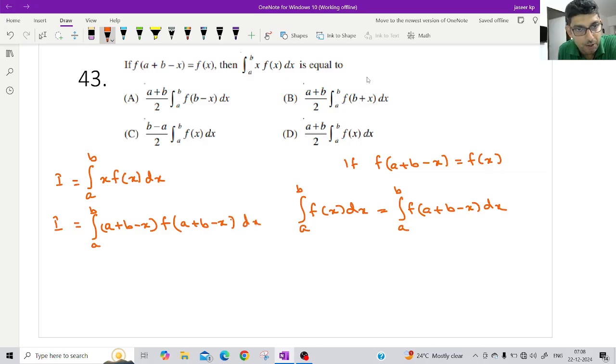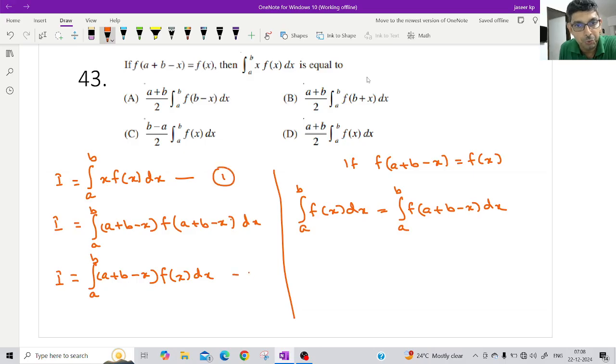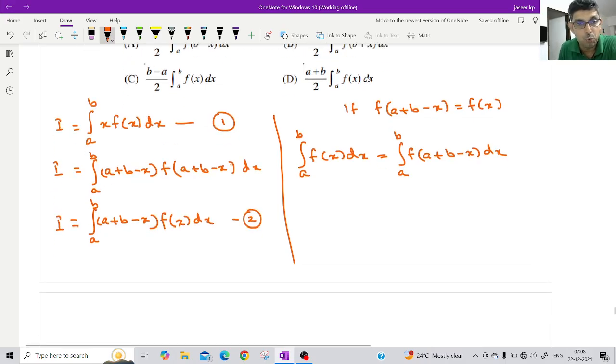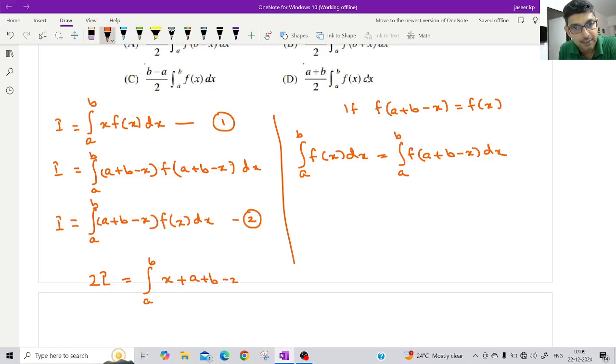Now this will become integral a to b of (a + b − x) f of x dx, because it's given in the question that f of (a + b − x) equals f of x. So this is also I. Now adding 1 and 2, we'll get 2I equal to integral a to b of (x + a + b − x) f of x dx.